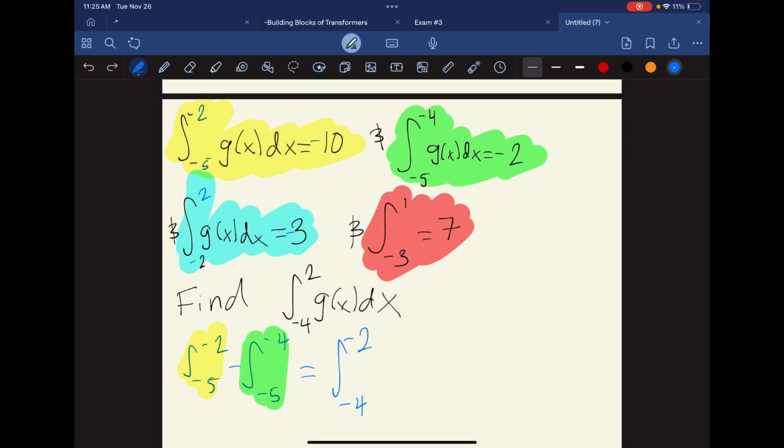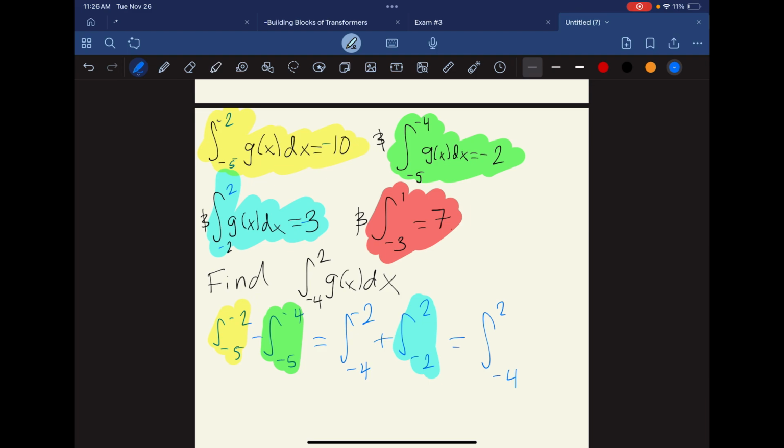So if we then take that -4 to -2 and we add -2 to 2 to that, which is our blue highlighted term, then we get -4 to 2. And that is the answer we're looking for, right? -4 to 2 of g of x. So we just need to go in and fill in the numbers now.